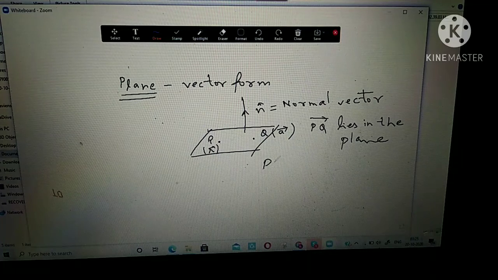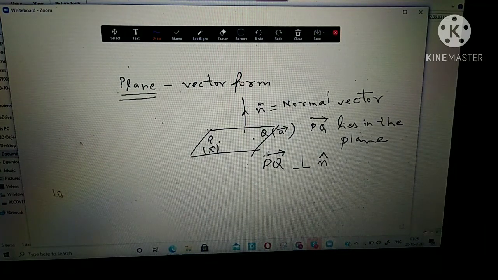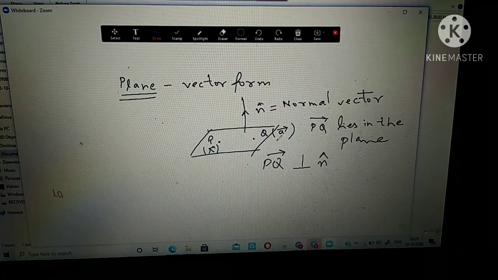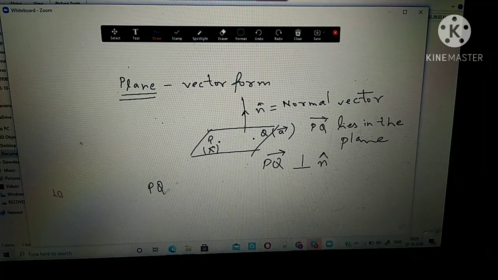PQ vector is perpendicular to n cap because both points P and Q lie in the plane. So again we can say that PQ vector dot n cap is equal to 0.